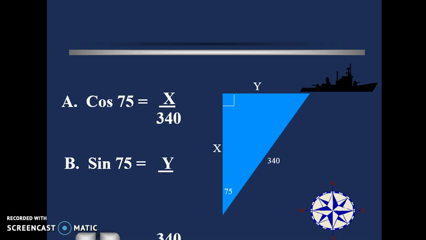In order to find the answer of question B, you're going to use sine of 75 because Y represents the side opposite to 75, and 340 represents the hypotenuse, and you end up doing cross multiplication in order to find the value of Y.